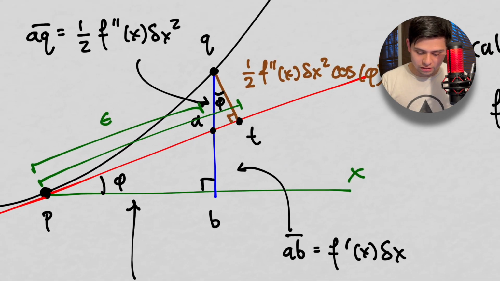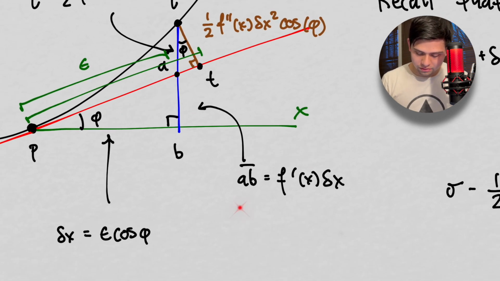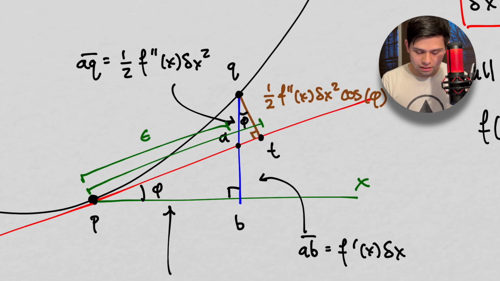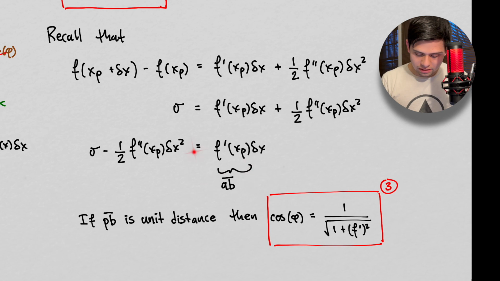This is a little bit tricky to see, but we said initially that this was this. This part right here is part of the Taylor series. And then this here we said was this. So AB is the first term in that Taylor series, and AQ is the second term in that Taylor series. Okay. And so what we get is that this is AB.